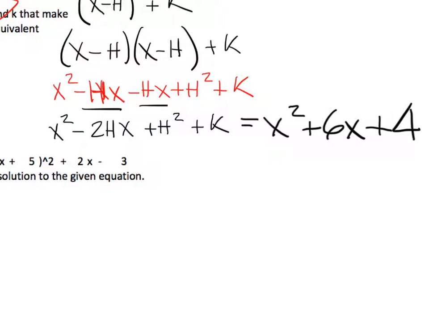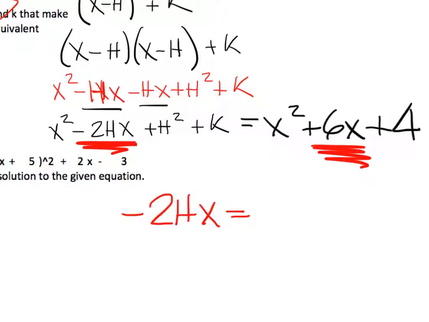Alright, so you see that you have your h in there and you have your k right in here. Look at this. You have some x term with a coefficient. Over here you have an x term with a coefficient. So shouldn't negative 2hx be equivalent to 6x?